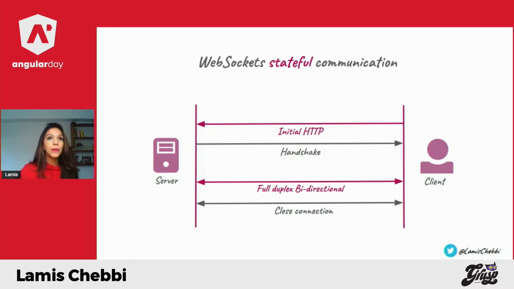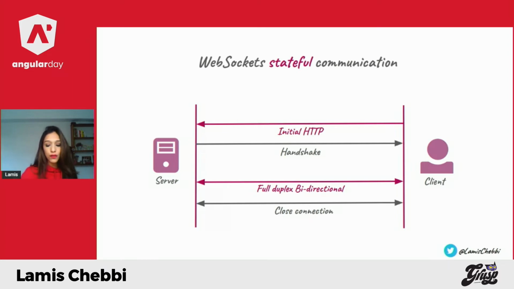And this connection is established after a successful handshake, and this handshake is done through HTTP. It's kind of telling the server, hello, I want to speak a different language. Do you agree? Do you understand this protocol?